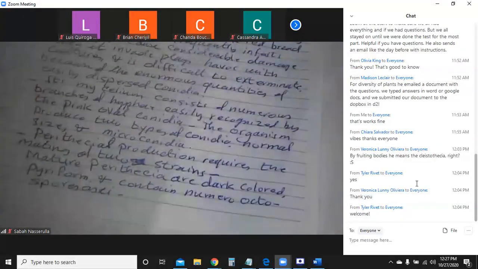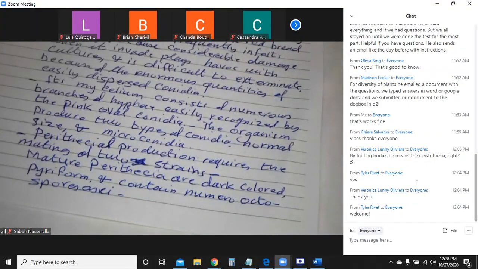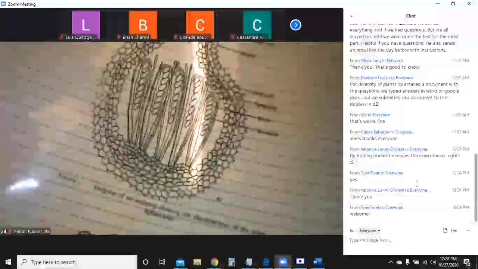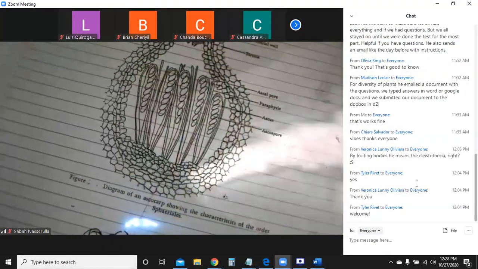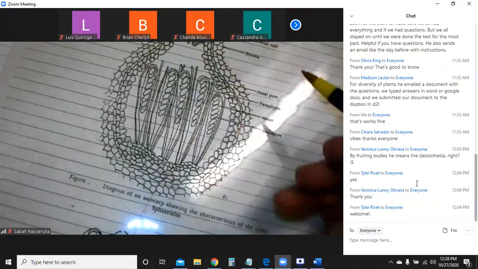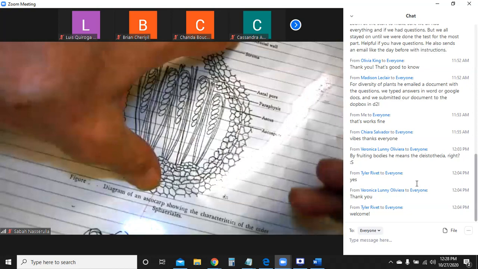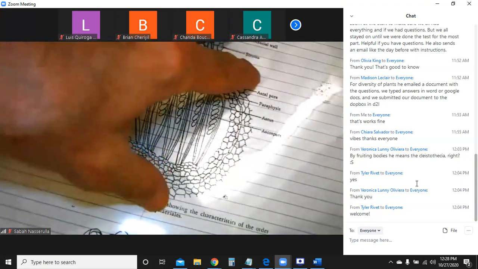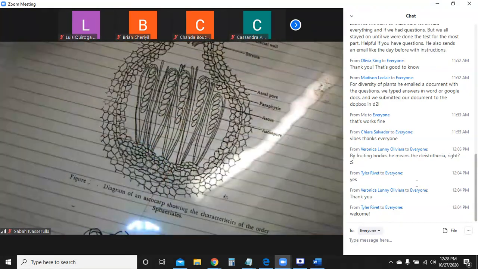Now, this is for yourself, if you want to know, that is the perithecia, and all of this is known as the Ascomycota. You have the ostium, which is the opening here.